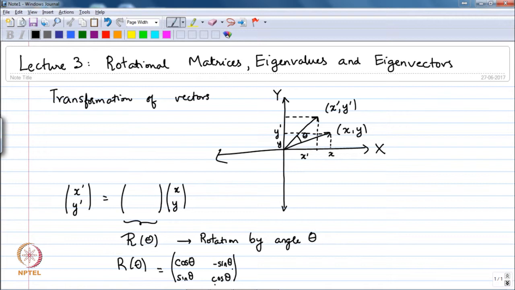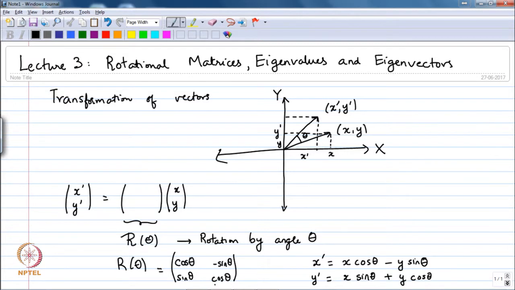So this is the rotation matrix, and just to emphasize, we got this from the expression x prime equal to x times cos theta minus y times sin theta, and y prime is equal to x sin theta plus y times cosine of theta.